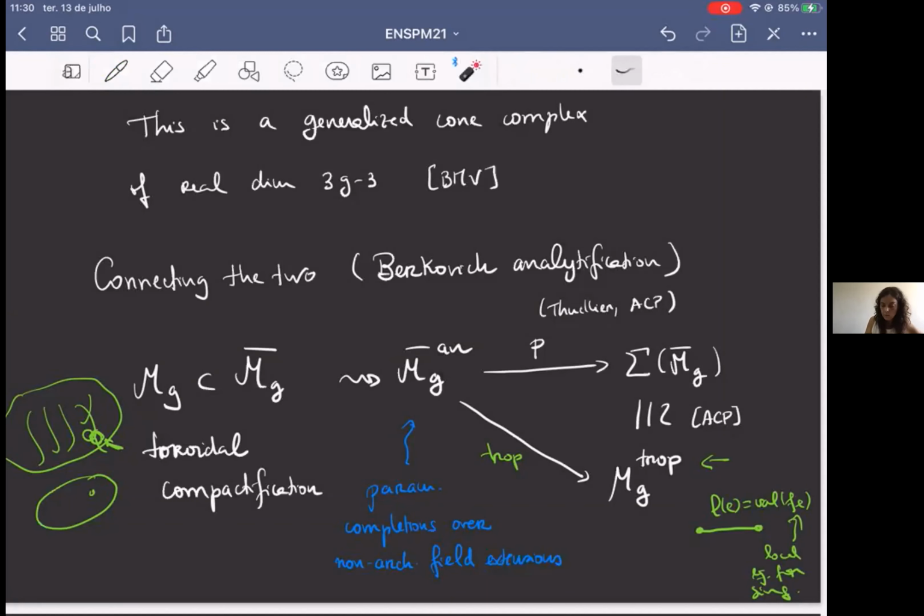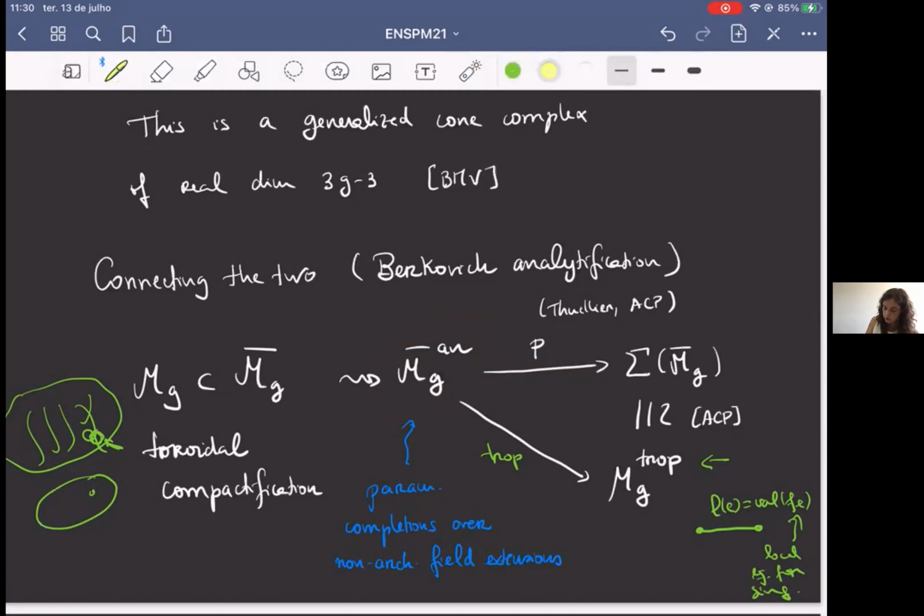And then there's work by Thuillier, generalized by Abramovich, Caporaso, Payne in the setting of algebraic stacks with toroidal compactifications, that gives out of this analytic space a topological retraction. So this is again something that is intrinsic.